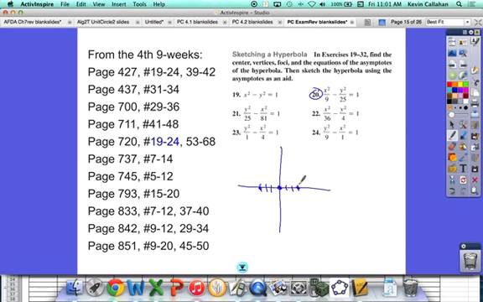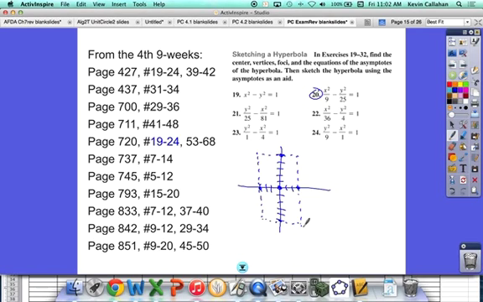Those are the vertices, right, of each branch of the hyperbola. Then we would go square root of 25, 5 up, 5 down. And these are going to be the midpoints of the sides of a rectangular box. Why did we draw that box?